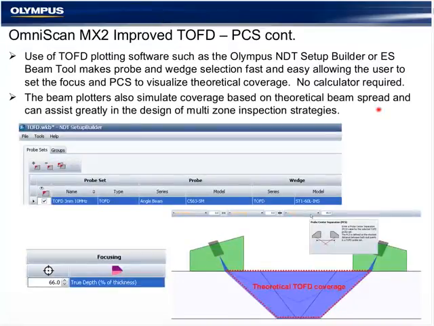When using the NDT Setup Builder or similar beam plotter, instead of entering the calculation, we simply select the probe. The software knows the size and frequency, we know the model and the wedge, and then we simply type in the focus distance or percent of thickness we would like, and it will automatically adjust the PCS for us.